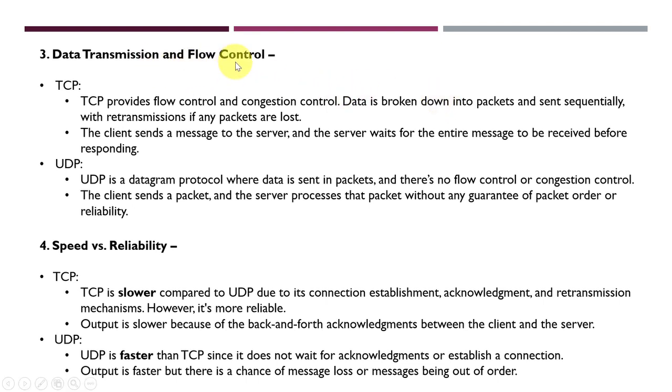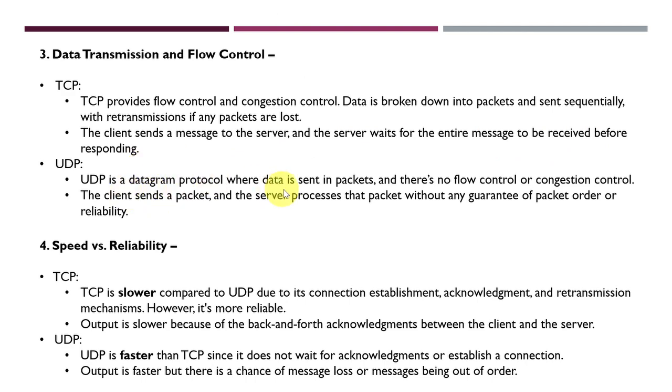Data transmission and flow control. TCP provides flow control and congestion control. Data is broken down into packets and sent sequentially, with retransmission if any packets are lost. The client sends a message to the server and the server waits for the entire message to be received before responding.